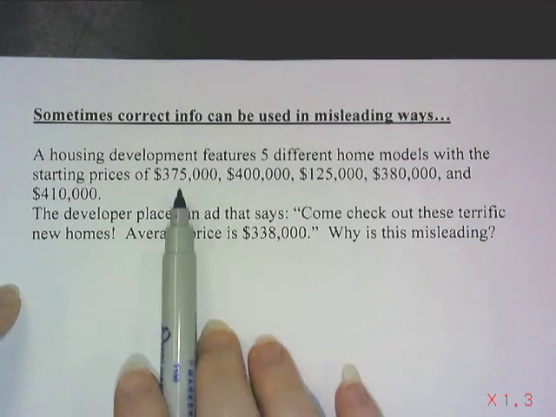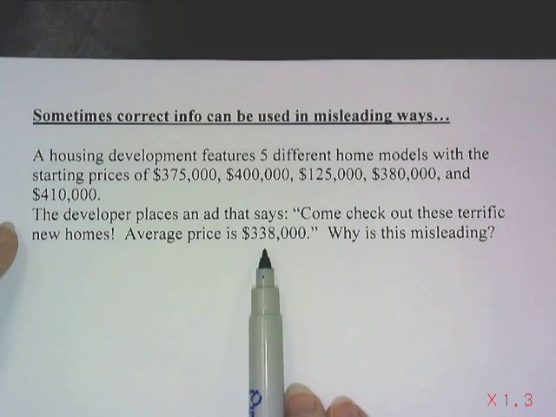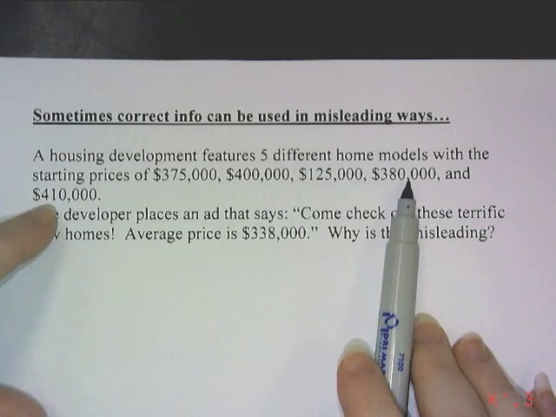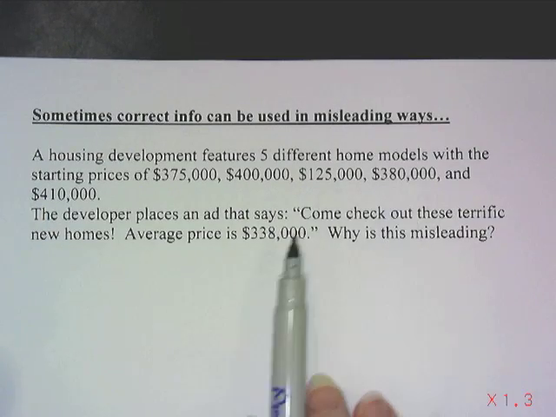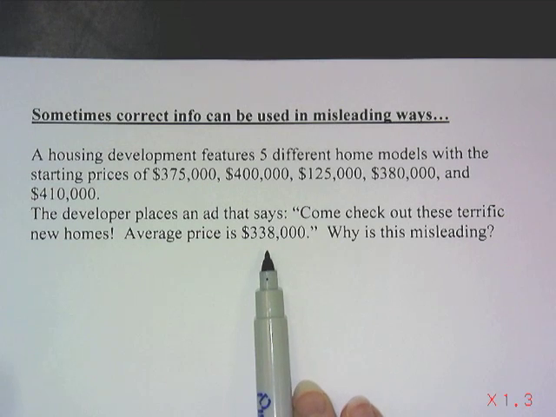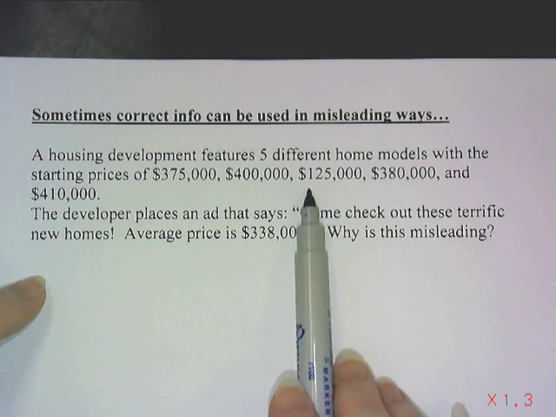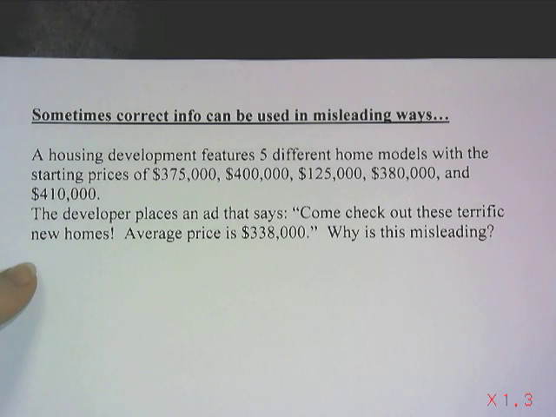Well, if we compare this to all 4 of these numbers, only one number is less than the average, while the other 4 are more expensive. So this is misleading because while it is technically the average, it's being pulled down by this outlier that's much less expensive than the other home types.